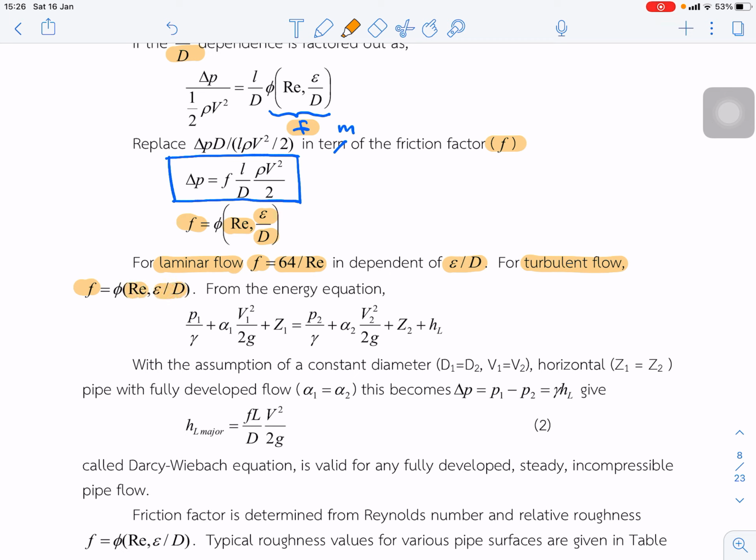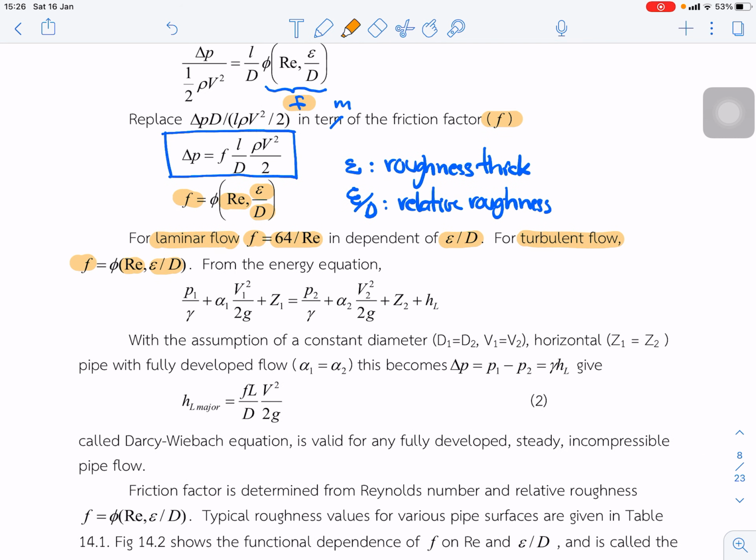So in this case we can write the roughness, and we divide the roughness by the diameter. So we call it relative roughness.